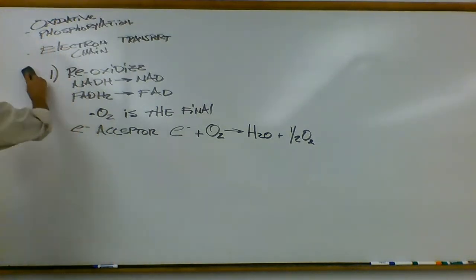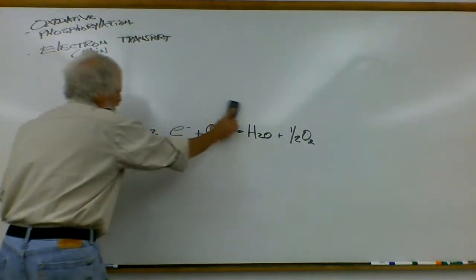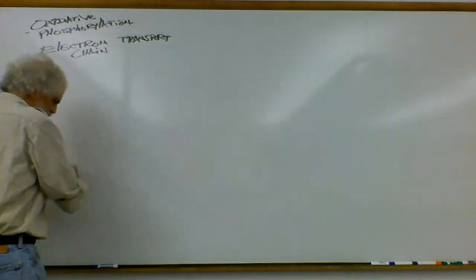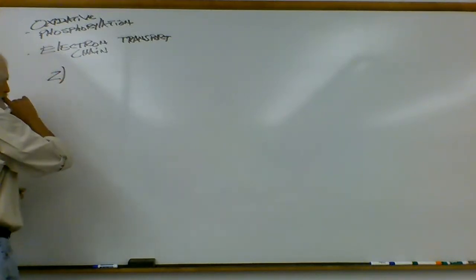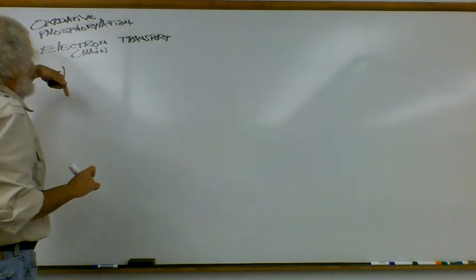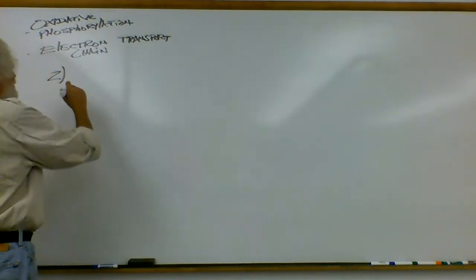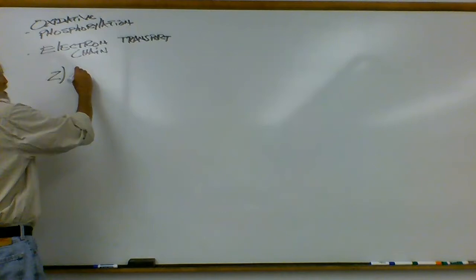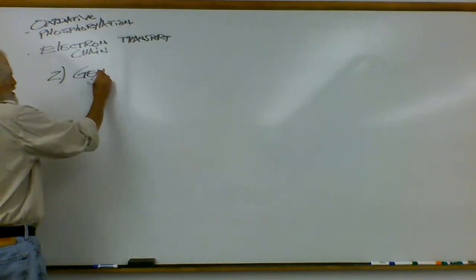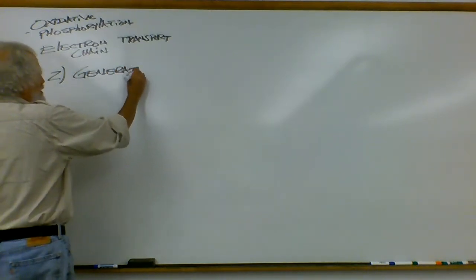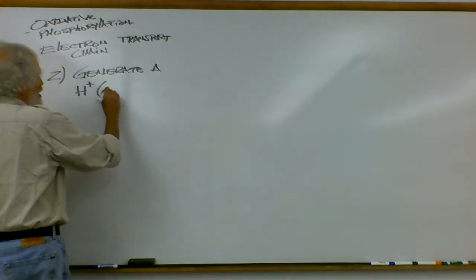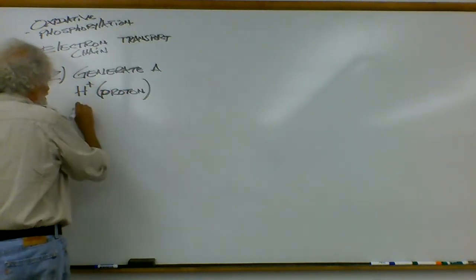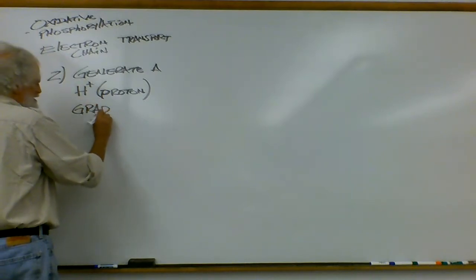Enough. Number two, and this is where I have another vocabulary bone to pick with science, but you know, what can I say? The second thing is the oxidative phosphorylation electron transport chain system is going to generate a hydrogen ion, or also known as a proton gradient.